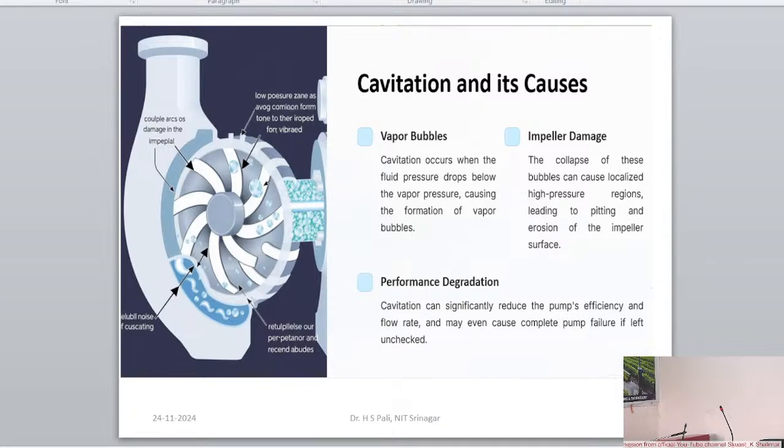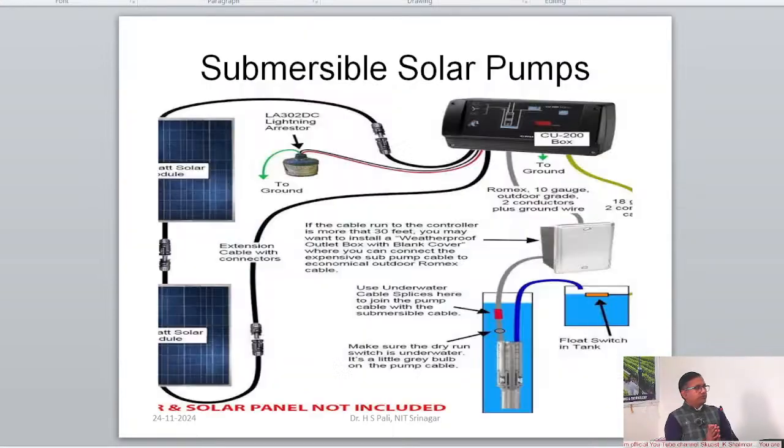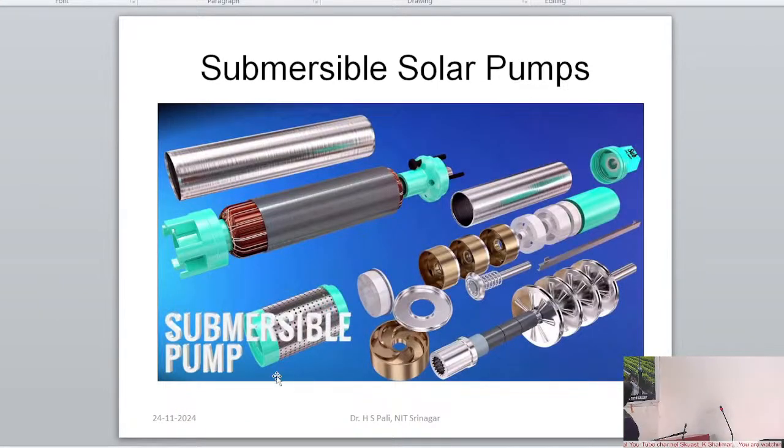Now another part of this presentation is the submersible pump. The working of the submersible pump and centrifugal pump is almost the same. The concept here is also the centrifugal effect, and in the centrifugal pump, priming or cavitation is the issue.